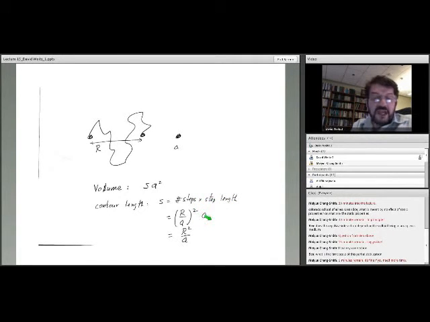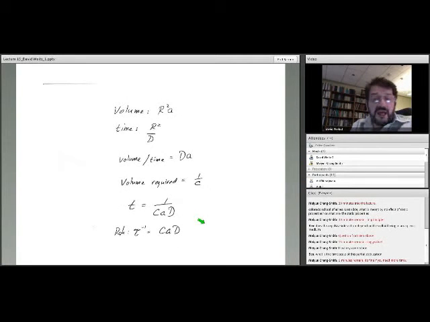The particle size is just what I'm taking as the step size. You can redo this calculation with any step size you want. So now, this is the volume you want to explore, this is the volume of the path, so the time, this is the volume, where did I get that?